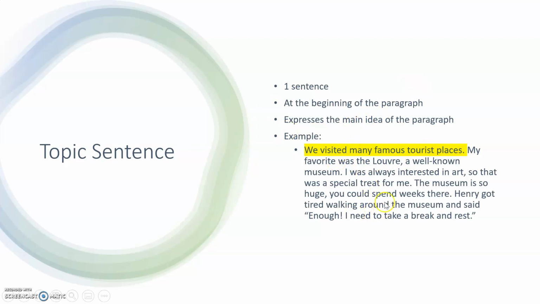So in this paragraph, the topic sentence is, "We visited many famous tourist places." So when reading that, I know that the rest of this paragraph is going to be about many famous tourist places. I know that it's going to tell me about tourist places that this person went to.